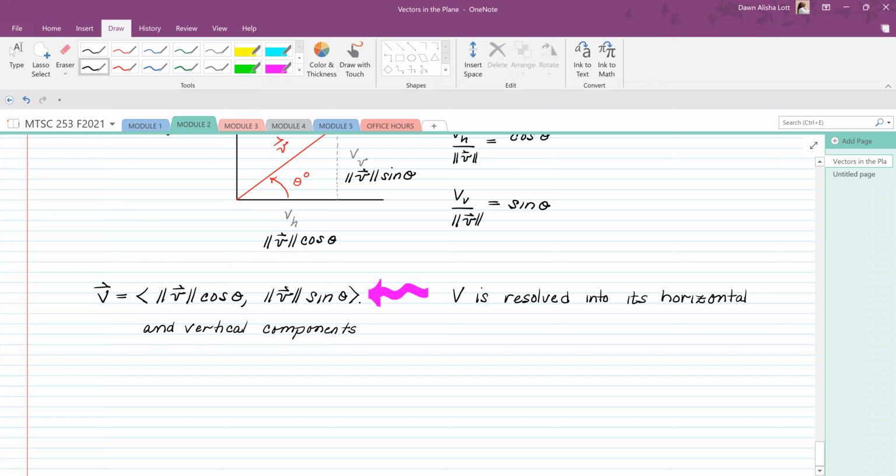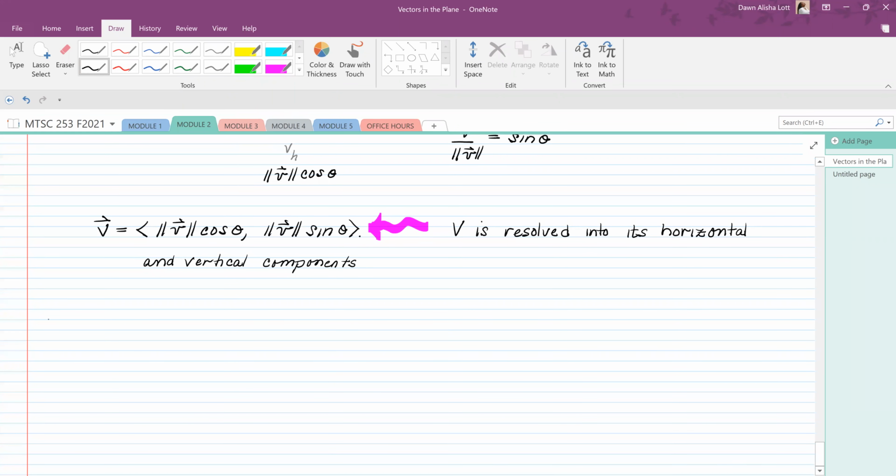So an application of this: you want to push a loaded supermarket cart. I think about this every time I go shopping.